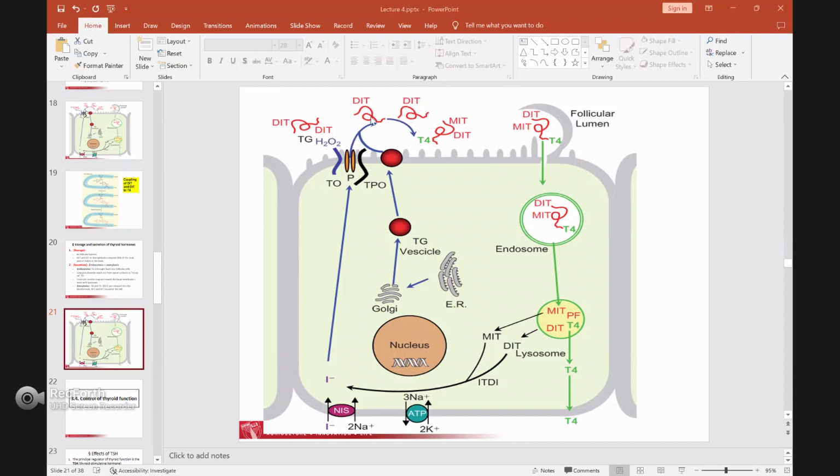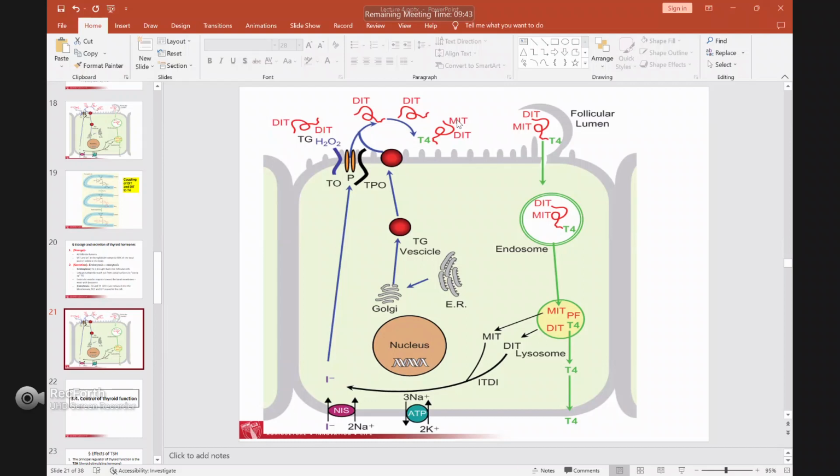Depending on the number of iodine atoms that attach to the tyrosine of the thyroglobulin, we can produce either DIT or MIT. DIT means diiodotyrosine, which has two iodine on the tyrosine, while MIT has just one iodine.